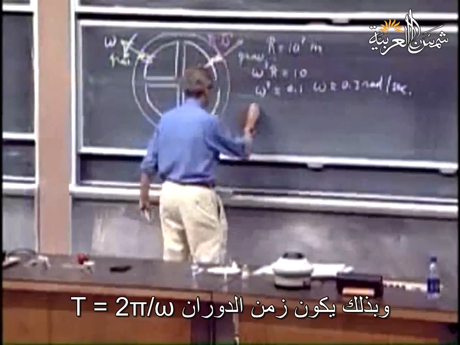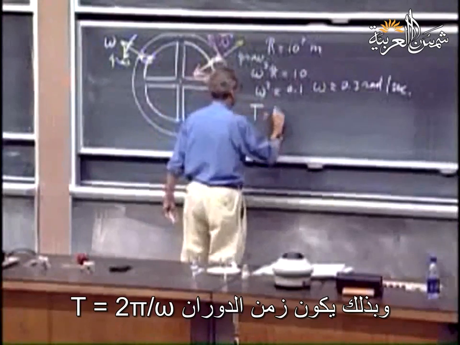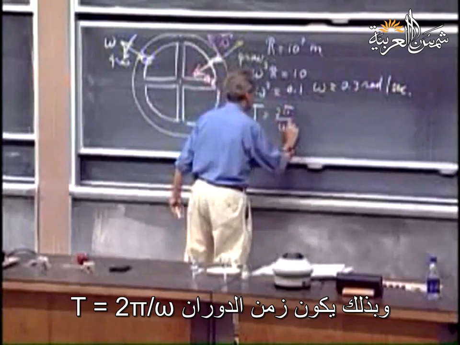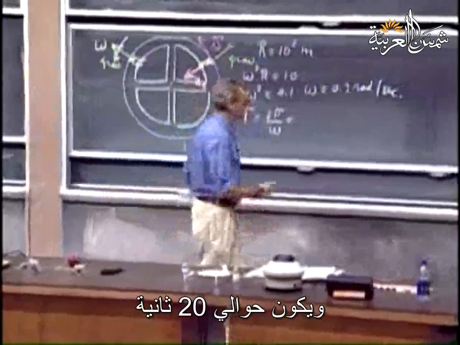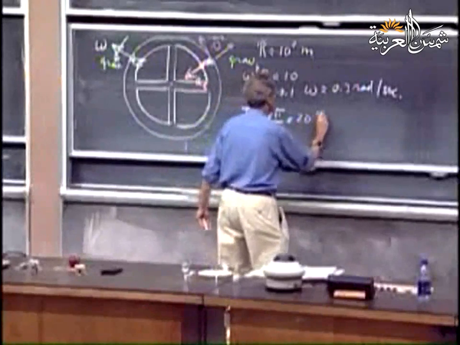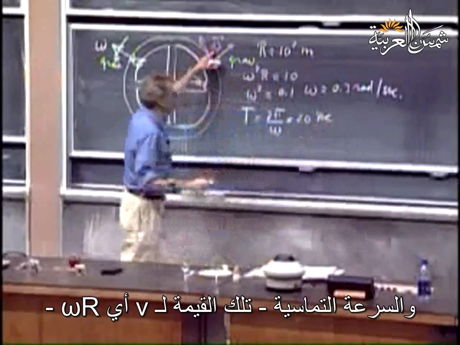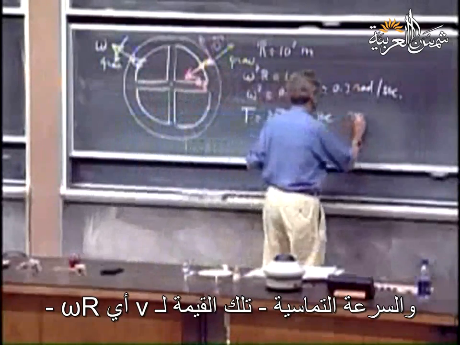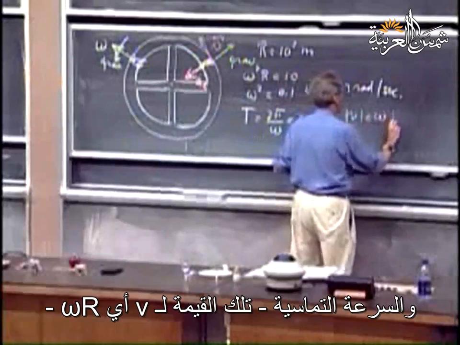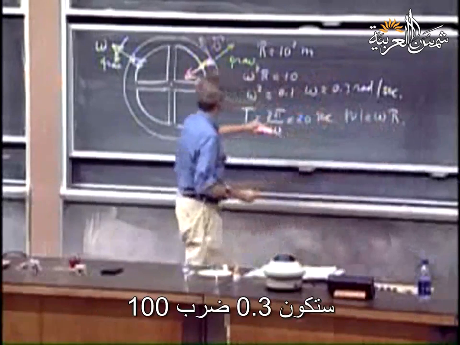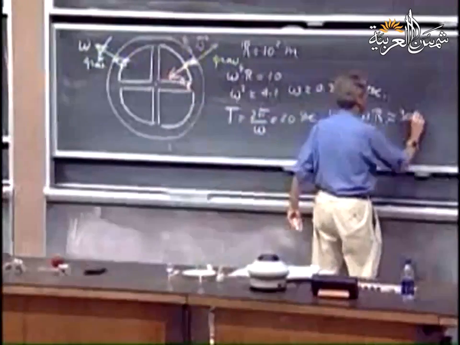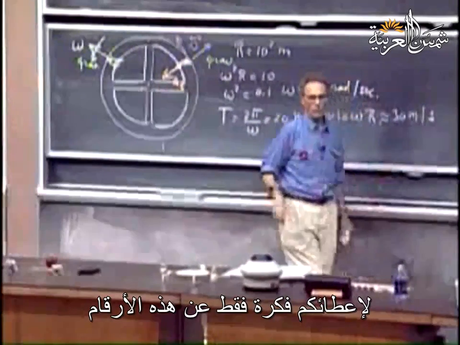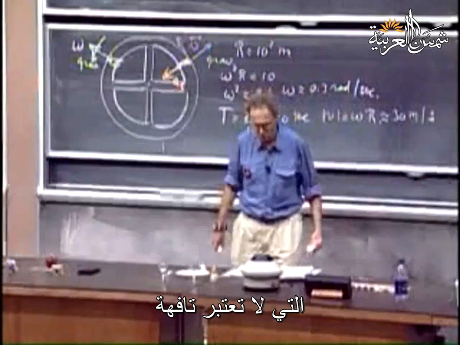And so the period to go around is about 2 pi divided by omega, and that is about 20 seconds. And the tangential speed, that value for v, which is omega r, would then be 0.3 times 100, would be about 30 meters per second. Just to give you an idea for these numbers, which are by no means so ridiculous.